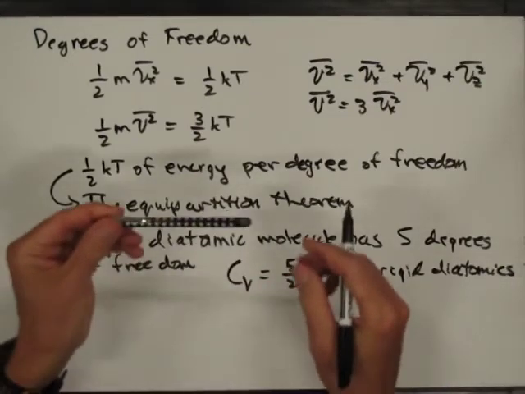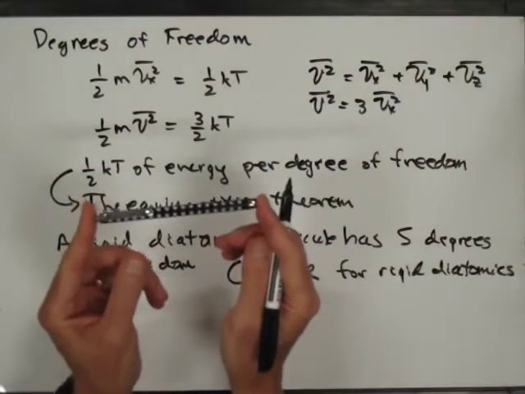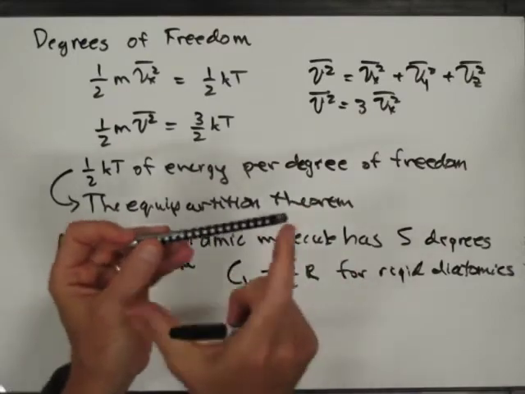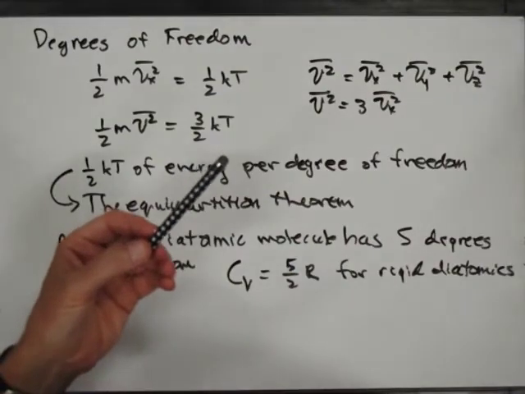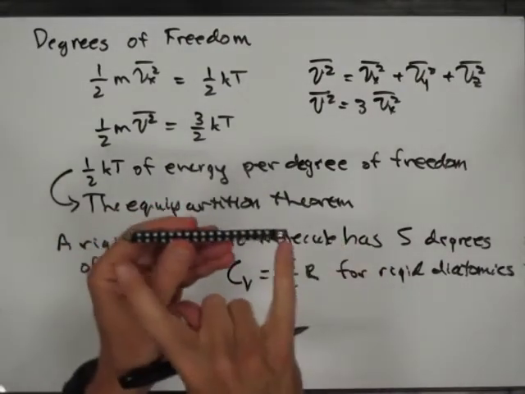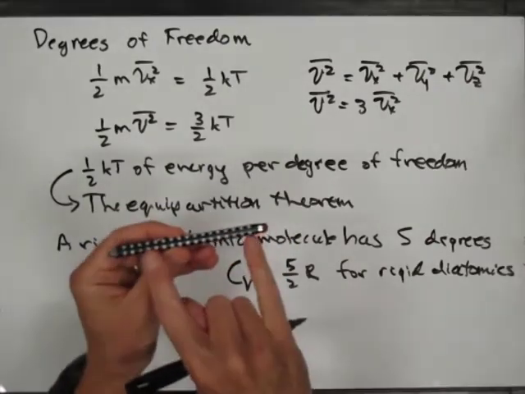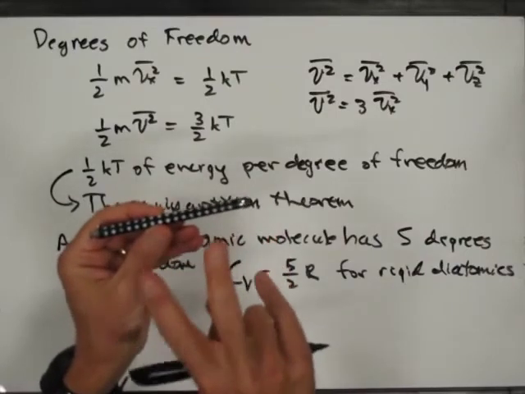Now, actually, diatomics can also vibrate. These molecules are not rigid, they're not fixed in place. They can also move back and forth this way. And so as they're going around or spinning or moving, they can be oscillating this way, and they do once they get above a certain temperature. And so that vibration, which can only happen along the axis, along the direction connecting the two nuclei, actually adds 2 degrees of freedom.